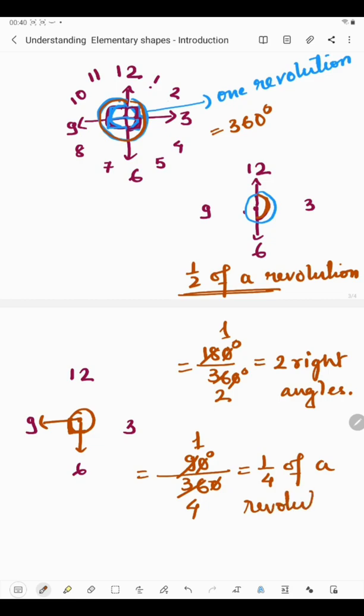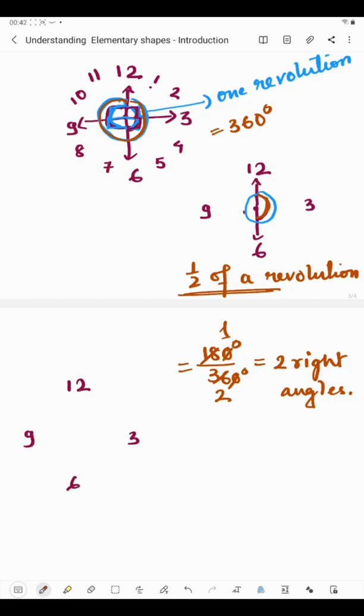Okay, so one complete revolution means 360 degrees. Now suppose the hand of a clock starts from 12 and reaches up to 6 o'clock. We will have to find what part of the revolution it is.